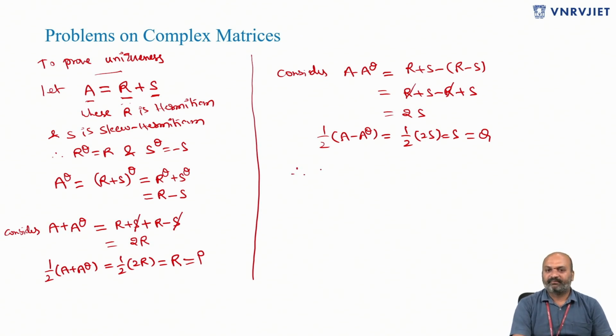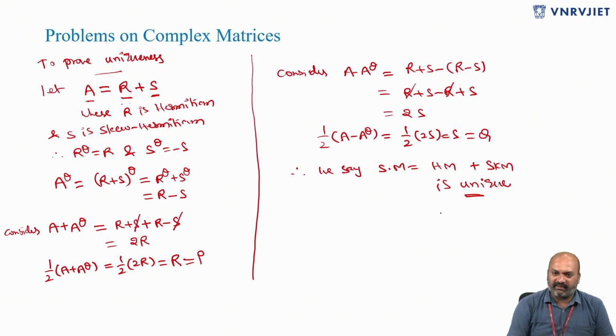So we say a square matrix equals the sum of a Hermitian matrix and a skew Hermitian matrix uniquely. That means we can express any square matrix as a sum of Hermitian and skew Hermitian matrices in one and only one way. There does not exist another such representation.